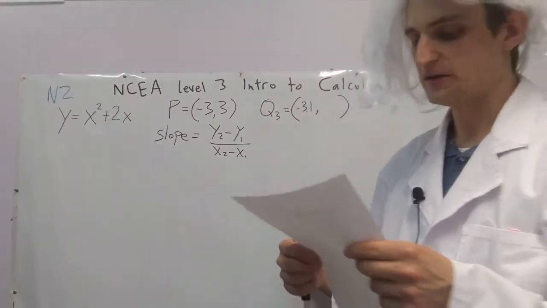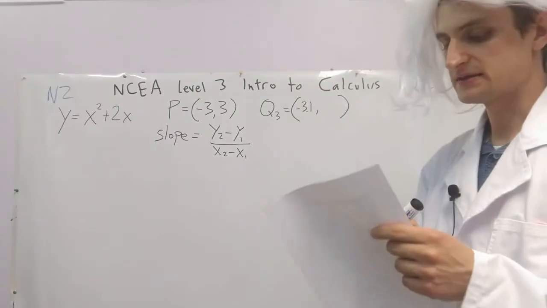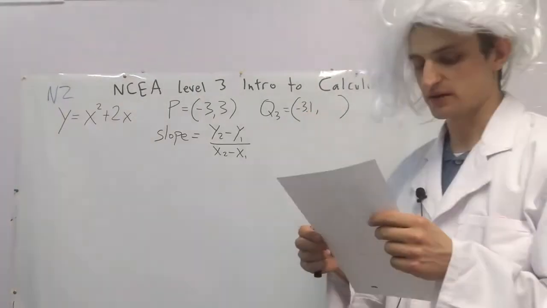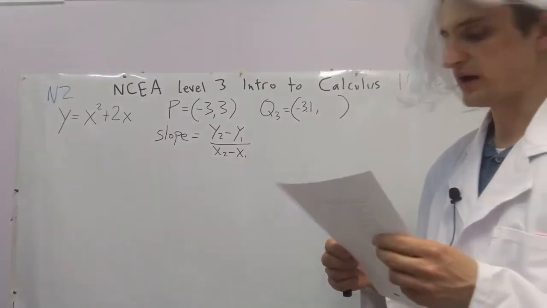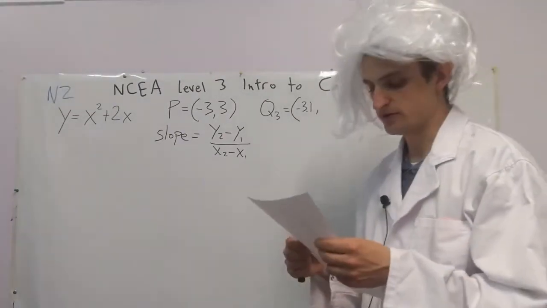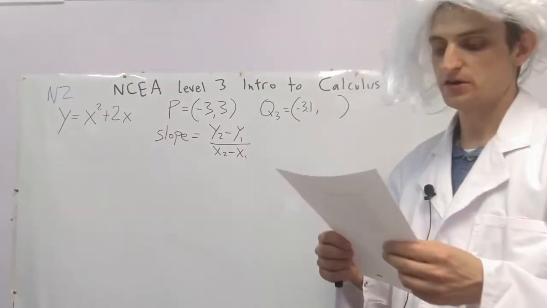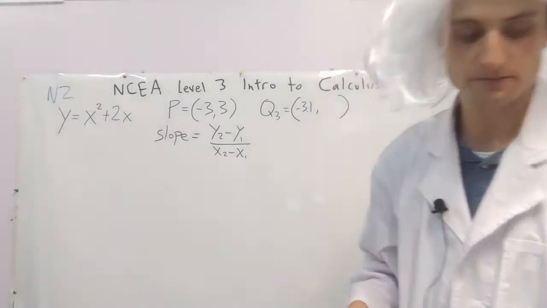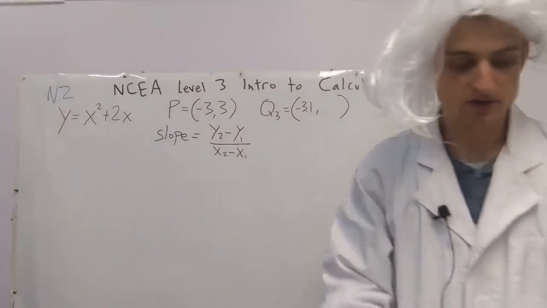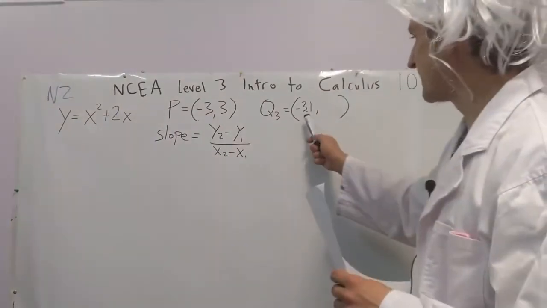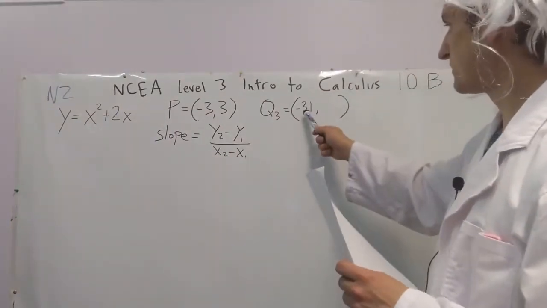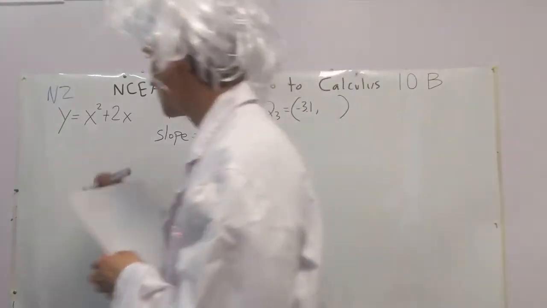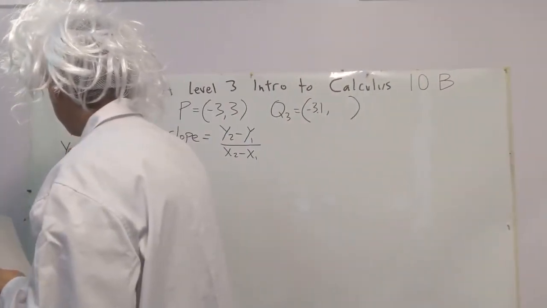Question 2d. If Q is the point on the curve where x equals -3.1, calculate the gradient of PQ3. Note, you will need to calculate the coordinates of Q first. So here's what we do. We know that x equals -3.1, so we plug that in here, and we're trying to find y.